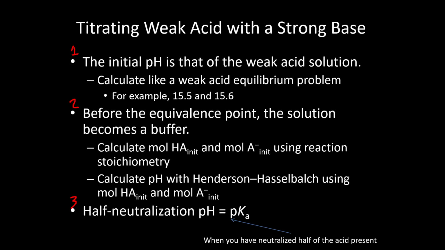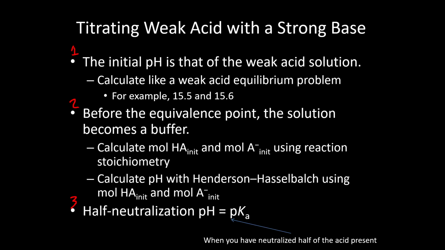So you would have to tell me, for example, in the initial state, you would treat it like an acid equilibrium. That's how you would find the pH. If you're after the initial, but before the equivalence point, treat it like a buffer. At the half neutralization point, you would just take the pKa of your acid, and that would be the pH, because you would know the acid. So the pH is equal to the pKa.